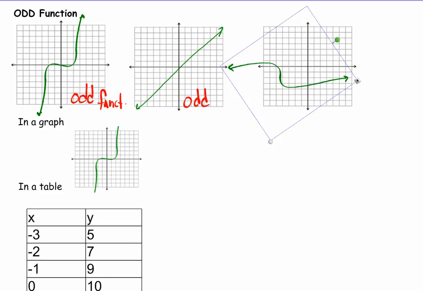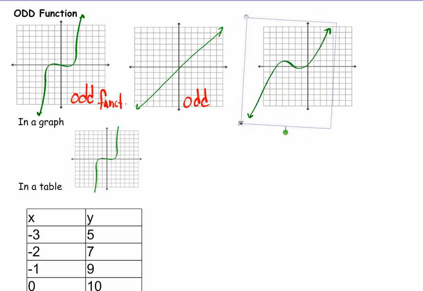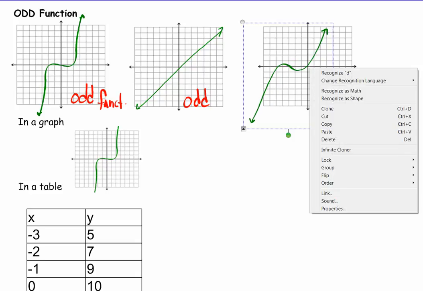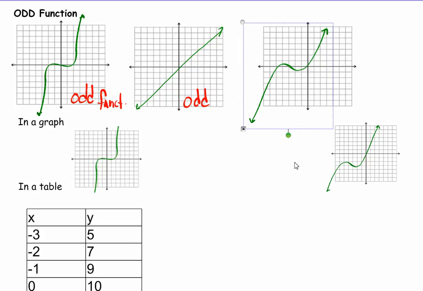The rotation would have to be about the origin. Does it look exactly the same? No. Smart boards aren't very smart. If I was going to rotate this, I would have to rotate it about the origin. This is actually easier to show with a picture. So let's look at a picture.